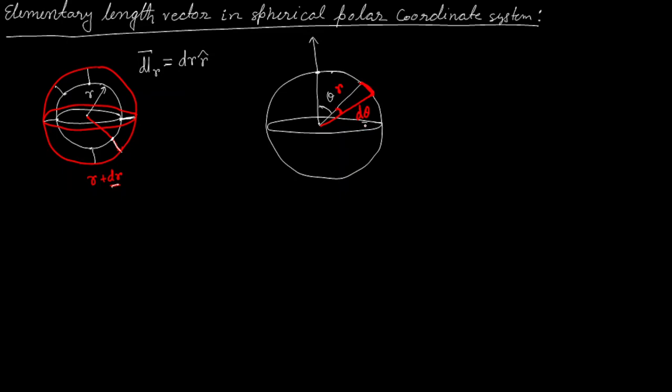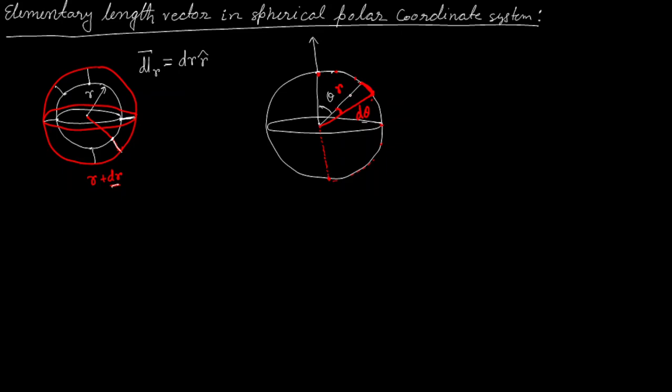And what is d theta? Again, if we want to represent this whole universe according to the spherical polar coordinate system, we have to increase the value of theta from here to here. First here, then here, then here, and finally we reach this point.